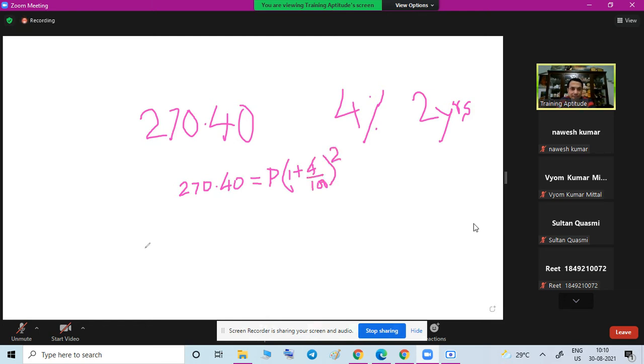This is one way of doing it. I take principal to the other side. Sorry, this entire thing. So this becomes 270.40 divided by 26 upon 25 two times.